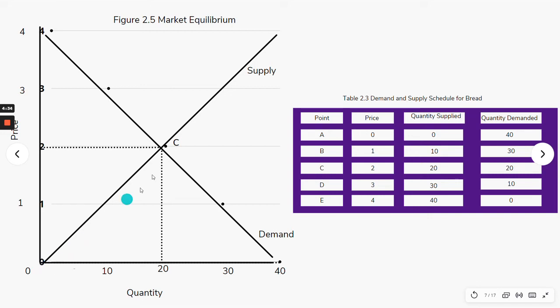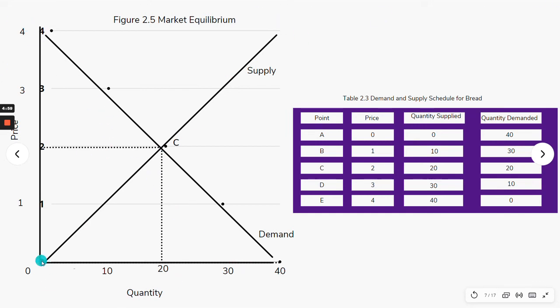If we look at the supply, if the price is 0, the supply is 0. If the price is 1, the quantity is 10. If the price is 2, the quantity is 20. If the price is 3, the quantity is 30. If the price is 4, the quantity is 40. So this is the supply curve. Now let's go to the demand curve.